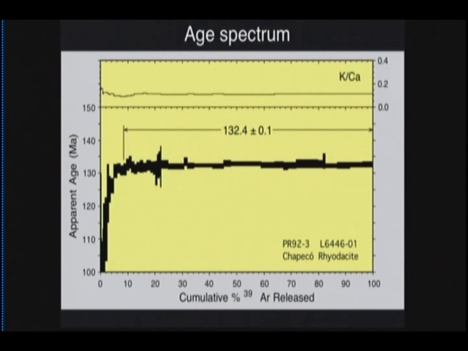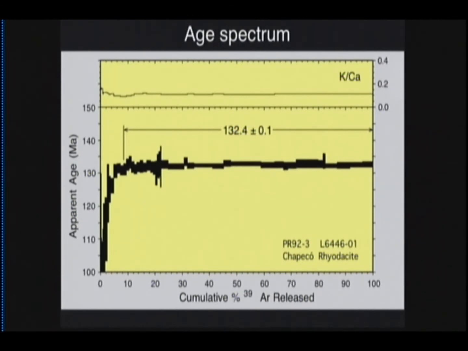So a qualitative interpretation of what this information, this so-called age spectrum, is telling us is that the gas that's released at relatively low temperatures in these first steps is coming from the margins of crystals. And as we heat the sample progressively more and more, we're getting gas that comes more and more from the interiors of crystals.